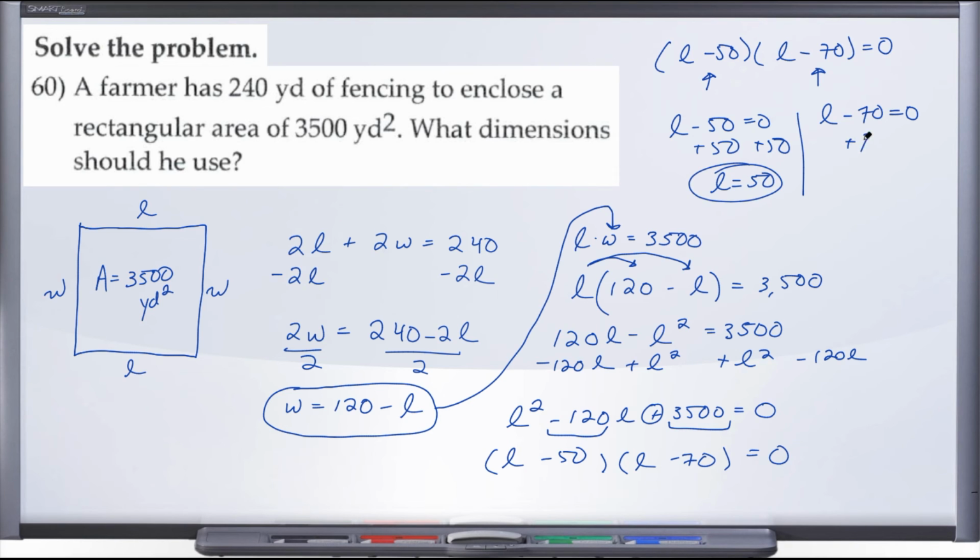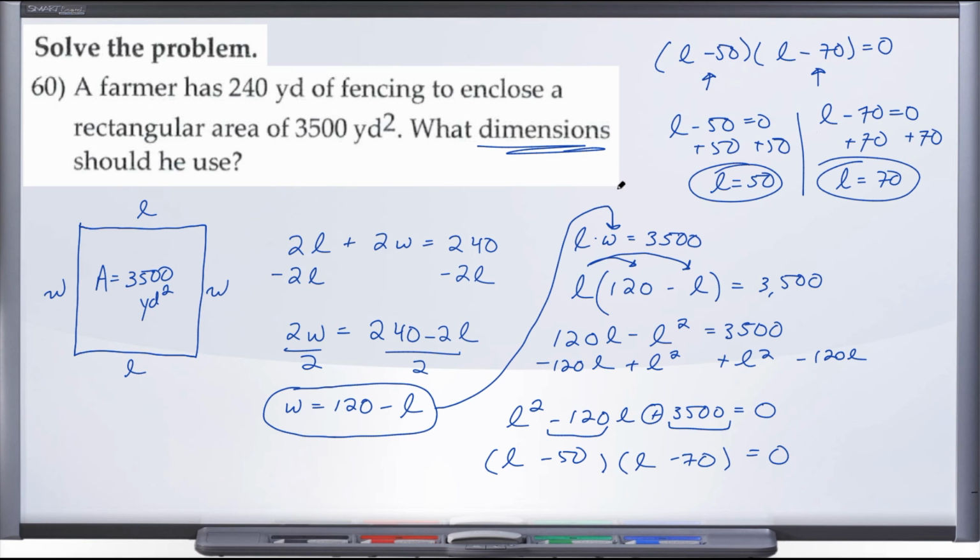We will add 70 to both sides. L equals 70. All right, and they're both positive, so that's good, right? Because we're dealing with dimensions here. So dimensions means distance. We're measuring an actual distance or something that can't be negative. So since we have two positive numbers, that's good.